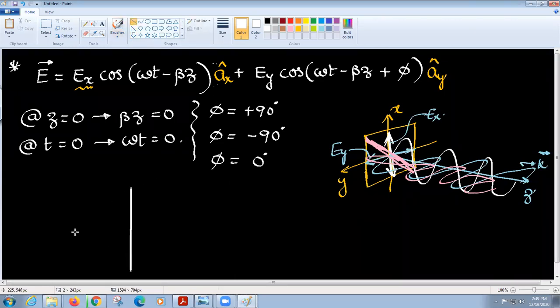So say you have your Ex component. This is my x-axis and this is my y-axis.